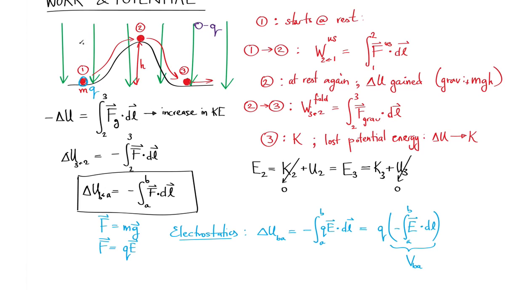So a positive charge Q here will want to move from a higher potential here to a lower potential here, just like I've drawn for the mass. But the negative charge would want to move in the opposite direction. So if I put this charge in the field, it would want to move this way, from higher potential energy to lower potential energy. Okay? So objects always move to lower their potential energy.